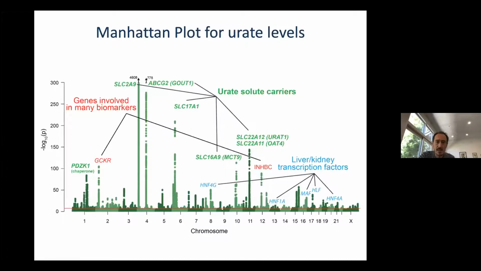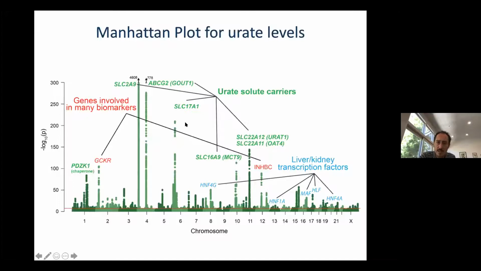And here it is. The lead hits marked in green are all involved in transport of urate in the kidney. Every peak that is marked with green text here contains one of the urate solute carrier genes that we had annotated from previous literature.